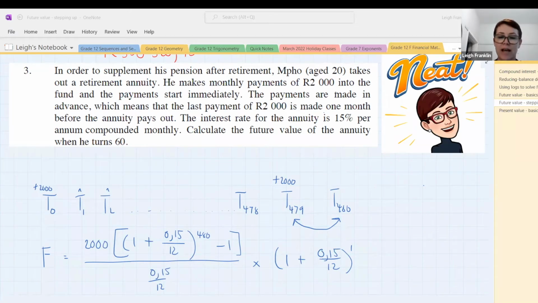He finishes at T479. He makes 480 payments.